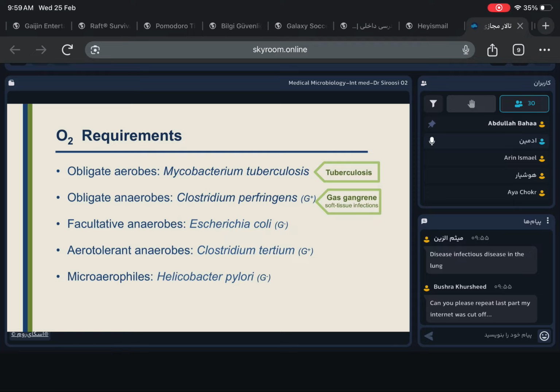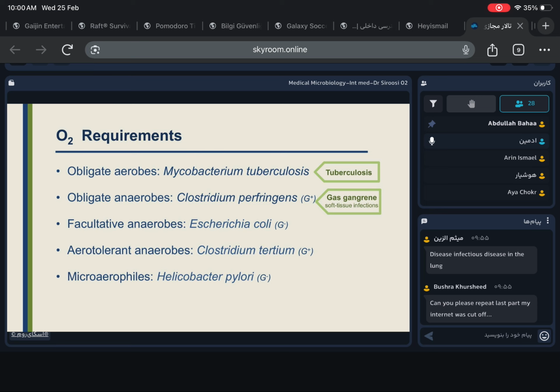If they are exposed to molecular oxygen, they die. But aerotolerant anaerobes are also anaerobic bacteria, but they can tolerate molecular oxygen. They don't die if they are exposed to molecular oxygen. An example is Clostridium tertium, which is a gram-positive bacterium, and it can cause wound infection.